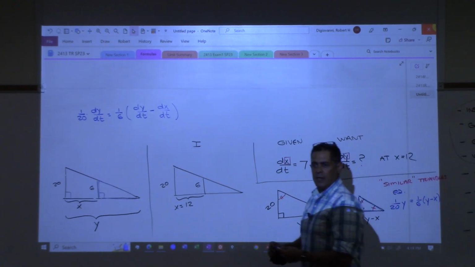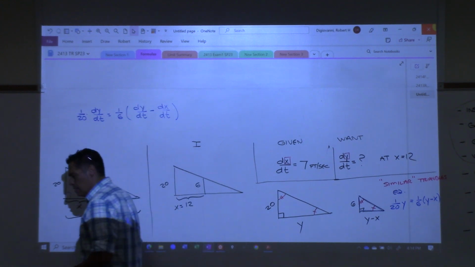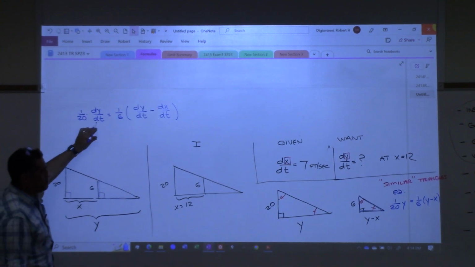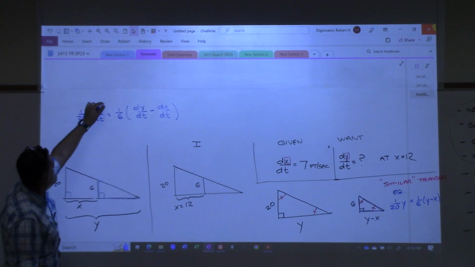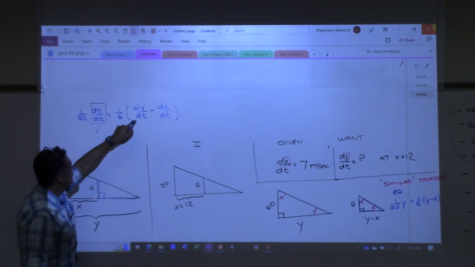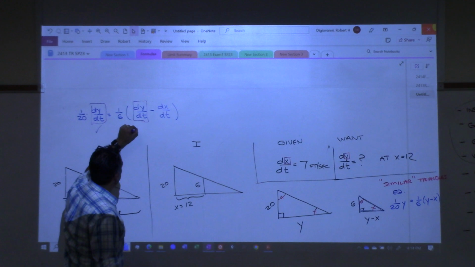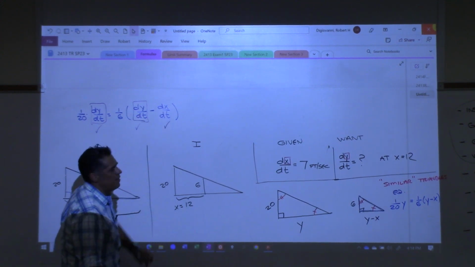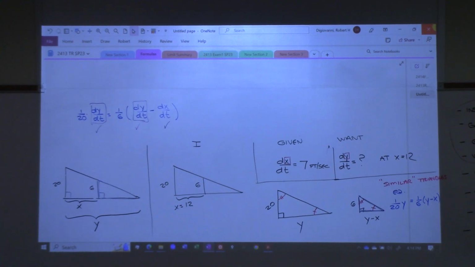There's my derivative. Any questions on that derivative? No? Do I know what dy dt is? No, but I'm looking for it. So I'm looking for that, so I'm happy to see it. dy dt again, I'm looking for that, I'm happy to see it. And then dx dt. I know what it is, it's 7, right? So now I should just be able to plug everything in.